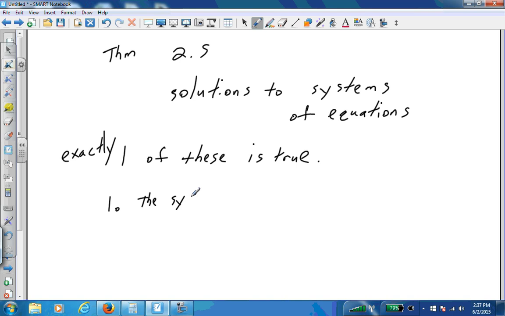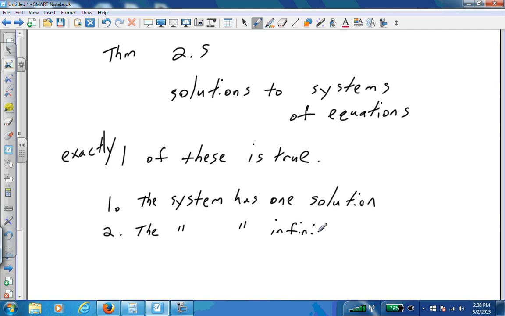The system has one solution, or the system has an infinite number of solutions, or the system has no solution.